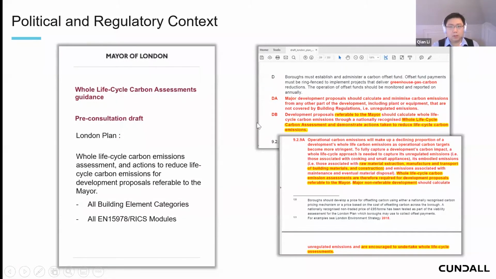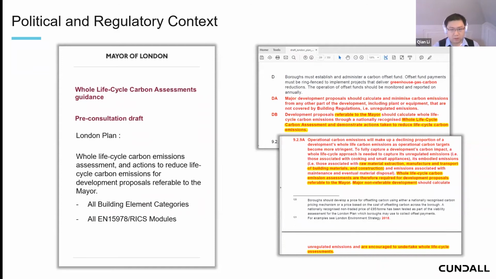The London Plan asks for all the referable schemes to calculate whole life carbon and submit it as part of their planning application, and also demonstrate actions for reduction. What Cundall have done is we were employed by the Greater London Authority to write guidance on what applicants should do to follow this procedure, what information they need to provide, and the method they need to follow.